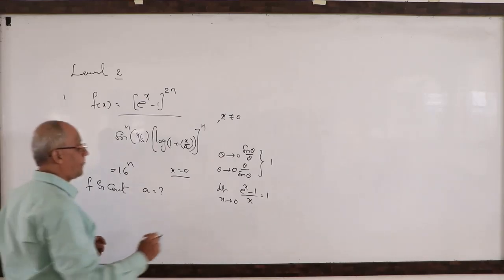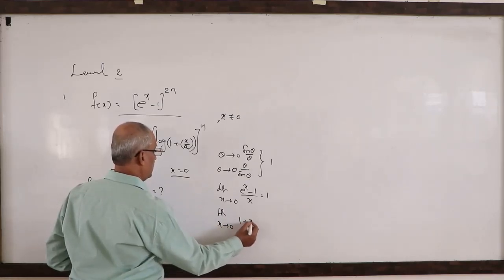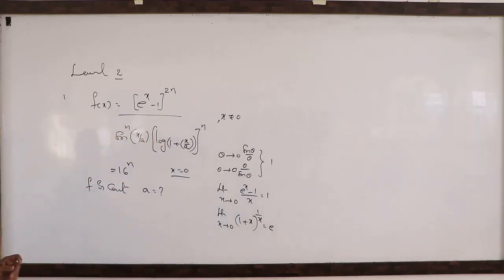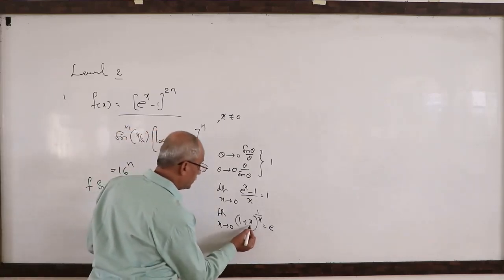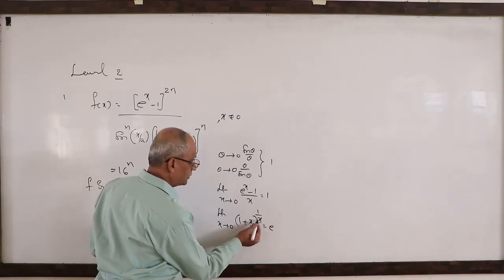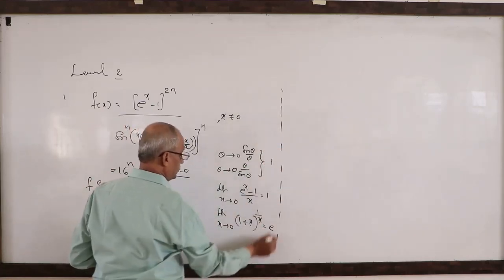Next, limit x tends to 0 (1 plus x) power 1 by x is e. These are the results. Here also these two places are the same: x, 3x, 3x, x by 2, x by 2, ax like that. These are the results from limits useful here.